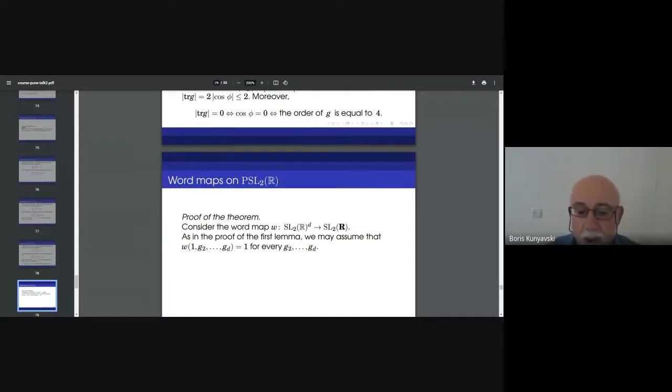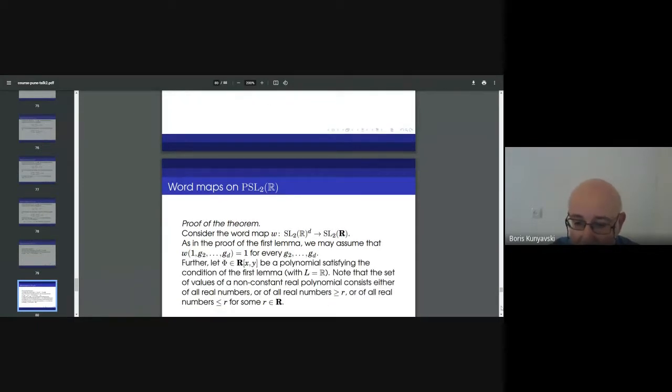We consider our word map. Now, as in the proof of the first lemma, we may assume that it is identically 1 for every G1, ..., Gd. Otherwise, we can use induction. Now, as in this lemma, we consider the non-constant polynomial. But you see, now we use something special.